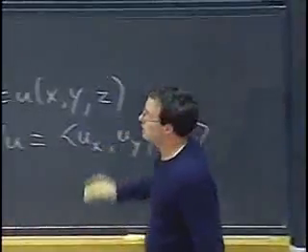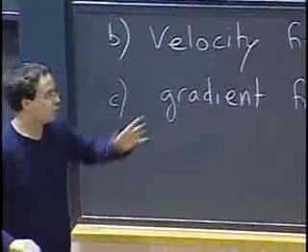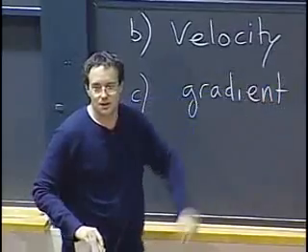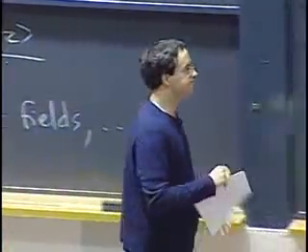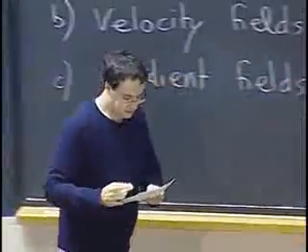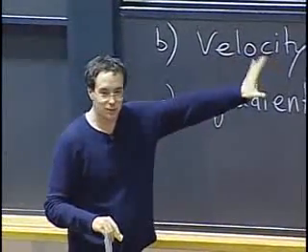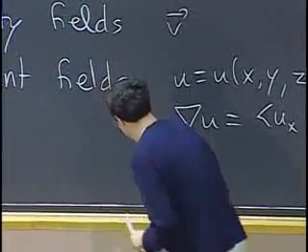For example, the electric field or gravitational field are given by the gradient of the gravitational or electric potential. So these are not different cases, there's overlap. Anyway, hopefully you're convinced that you should learn about vector fields. What are we going to do with them? Well, let's start with flux.